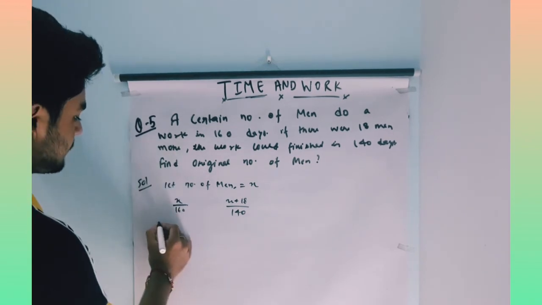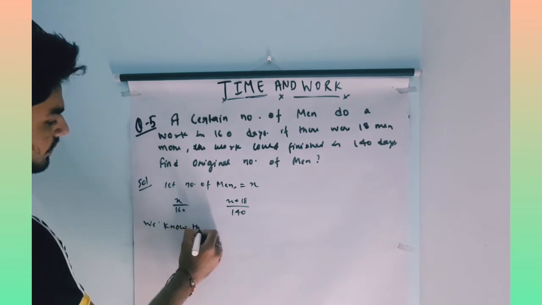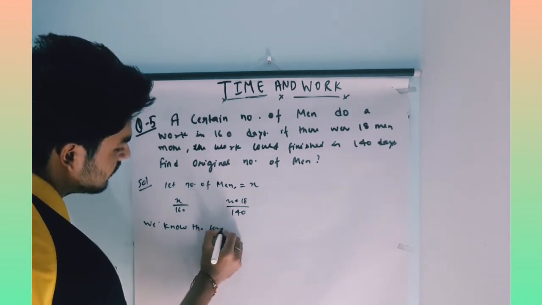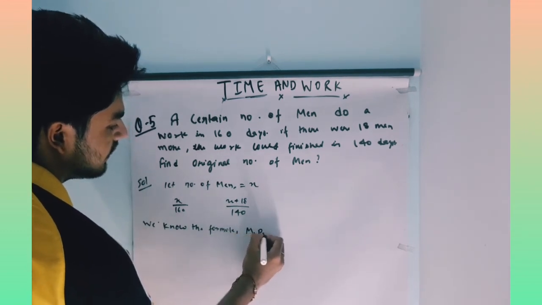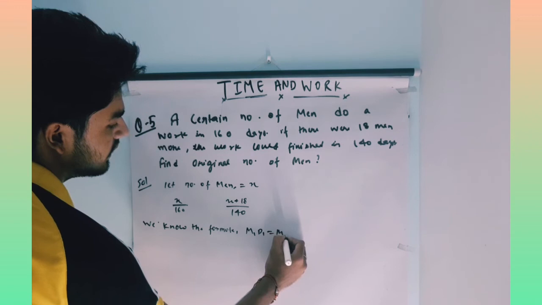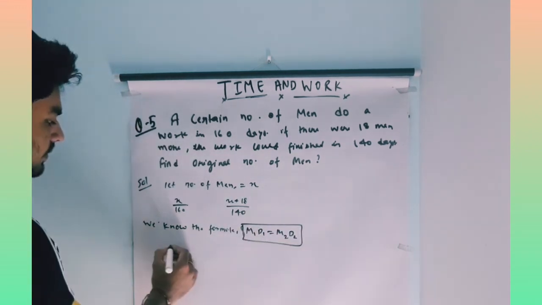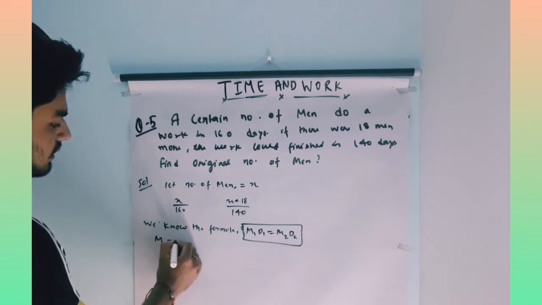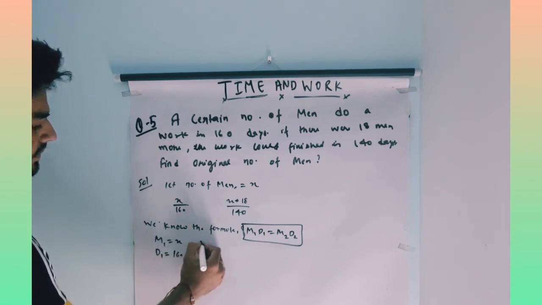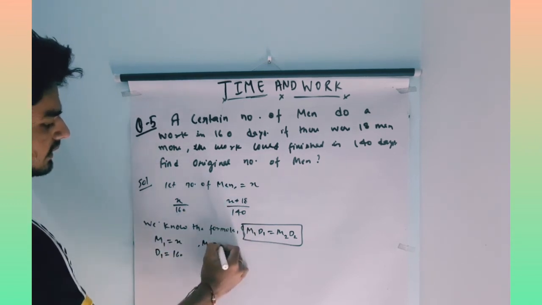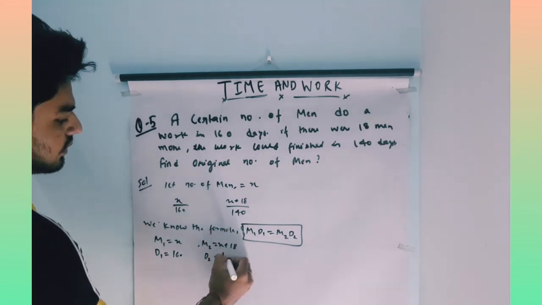Now we know the formula: M1 D1 is equal to M2 D2. So here M1 is equal to X, D1 is equal to 160, M2 is X plus 18 and D2 is equal to 140.